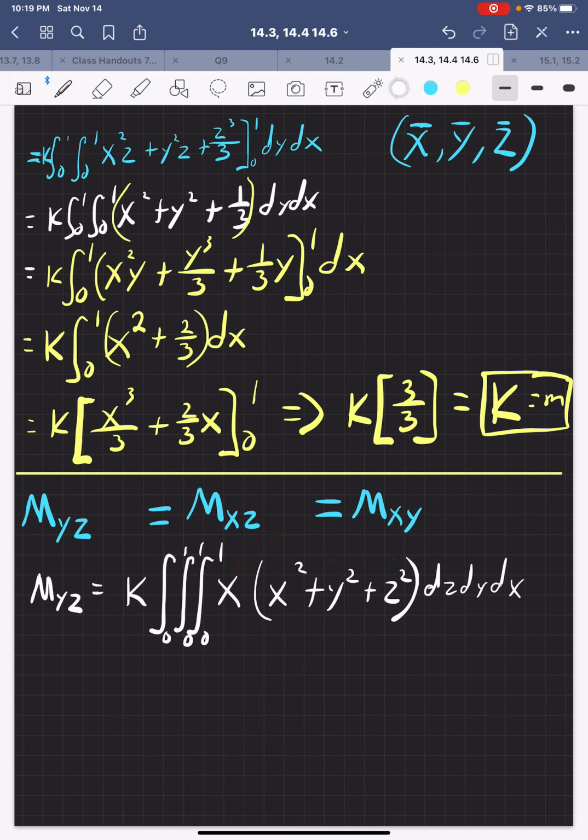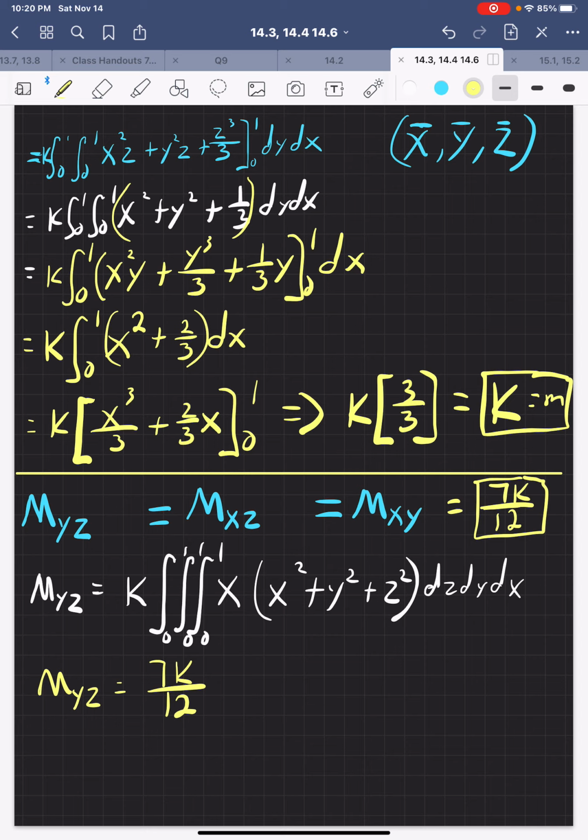So let's assume that you were to go through all of that integrating. You would find that the first moment about the YZ plane is equal to 7k over 12. And as I had mentioned, the good news is I'm going to save us some time with this easy problem, in that all of our first moments are going to be 7k over 12.